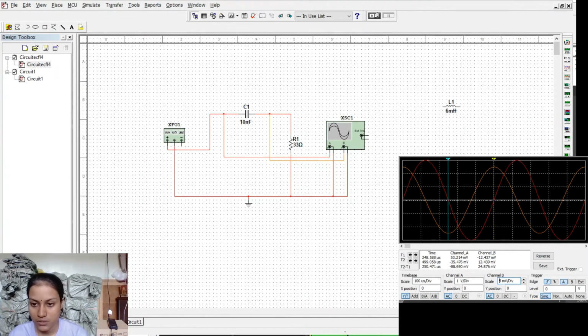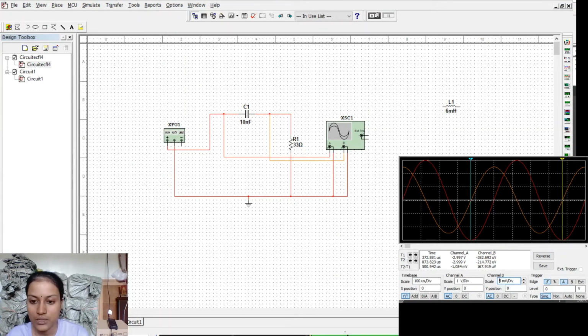This one is channel A, which is the input. We got 500.942 microsecond, and this one is channel B, which is the output. We also got 500.942 microsecond for the period.